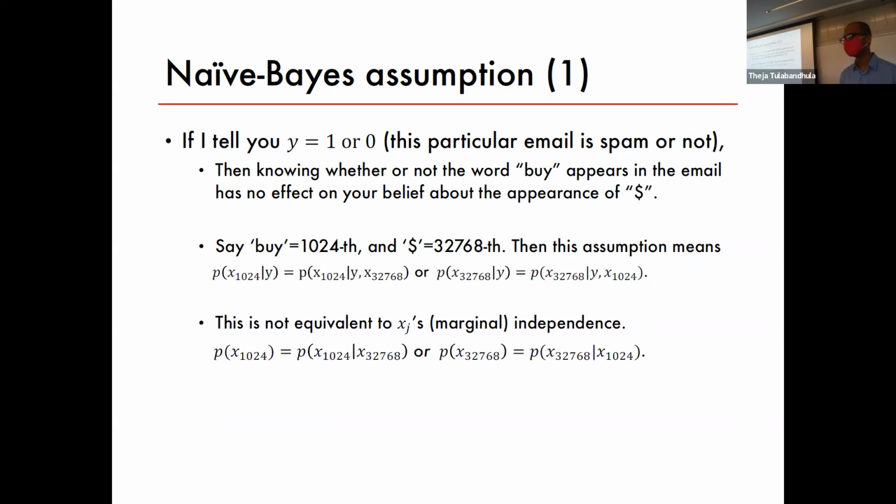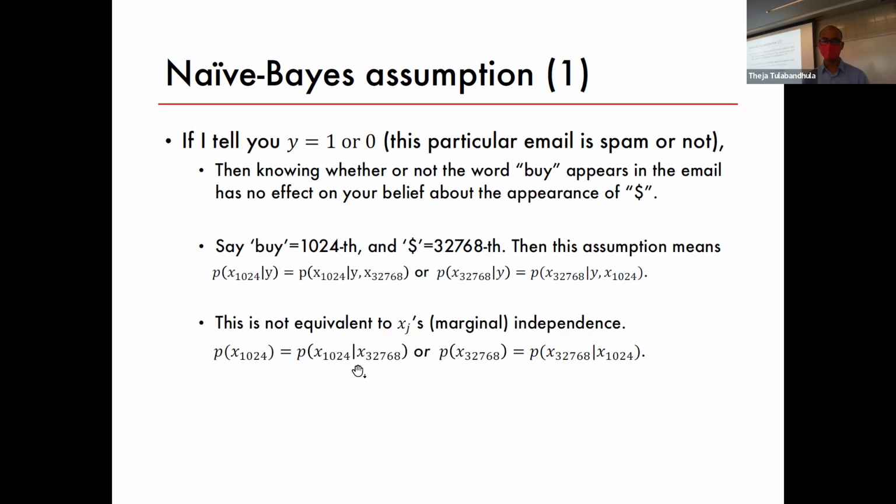A crucial, important difference is that this is not equal to just independence between these random variables. What I mean is the probability of x 1024th is not equal to the probability of x 1024th given x 32,768th.